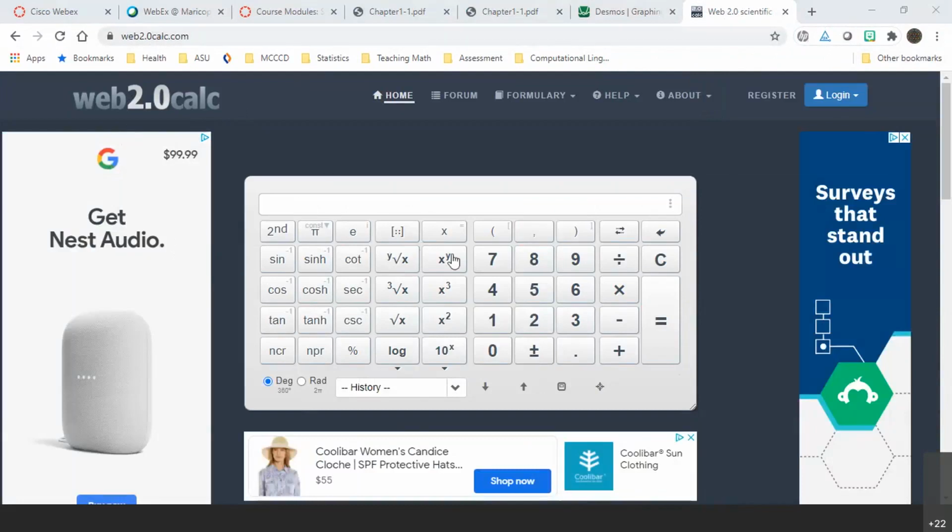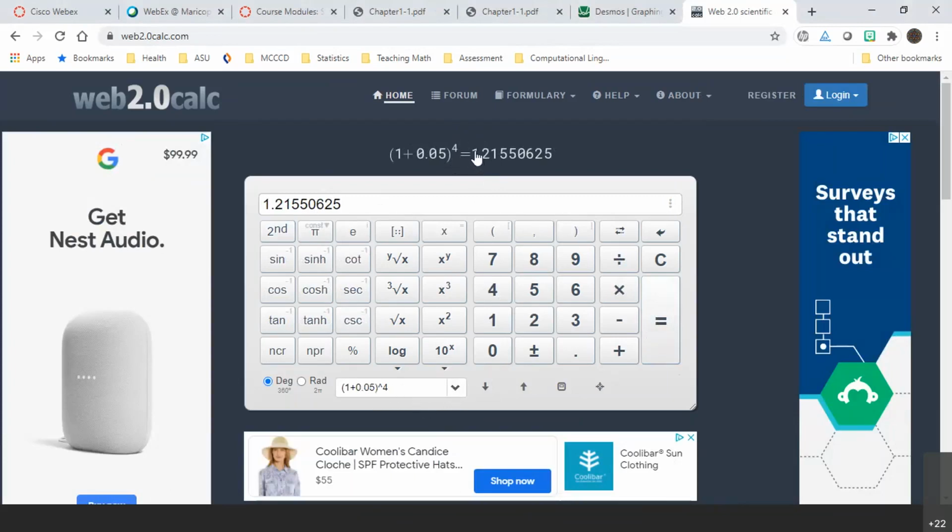This is Web 2.0 Calc. You can use calculator notation to type things in, but it will render it in actual mathematical notation up here. You hit enter to get a value, and then it's in your history down here.